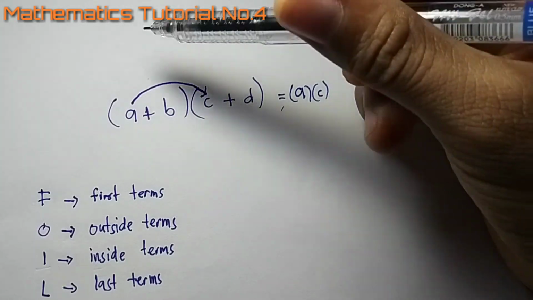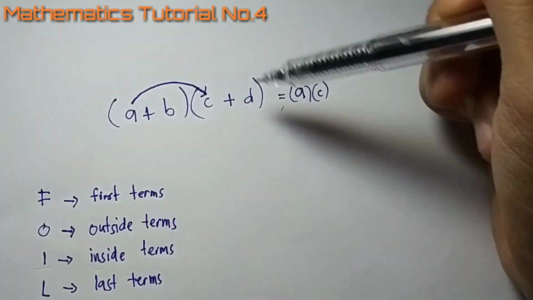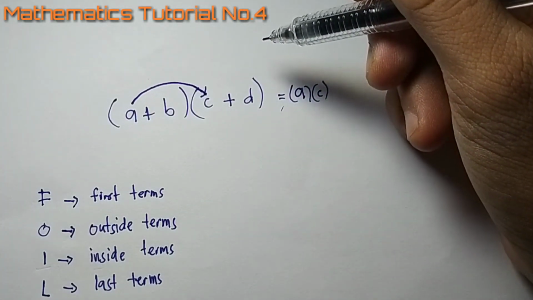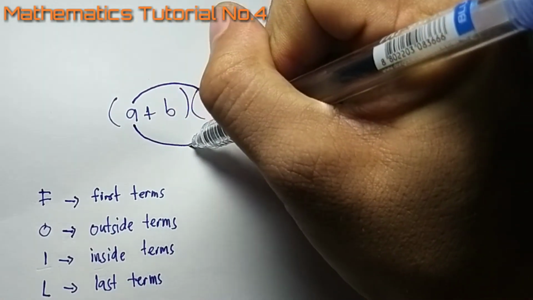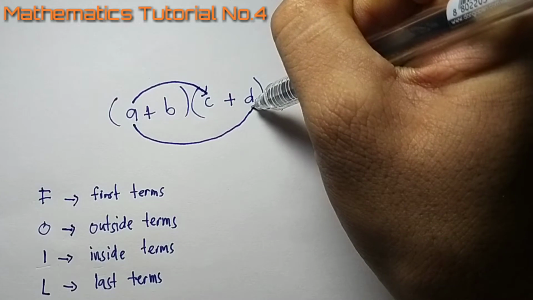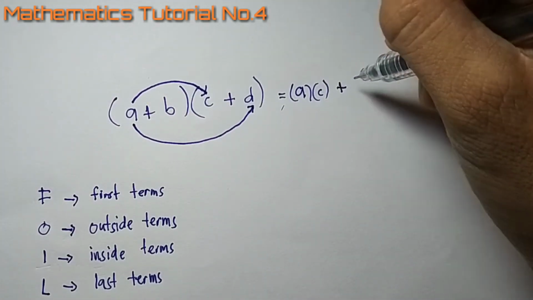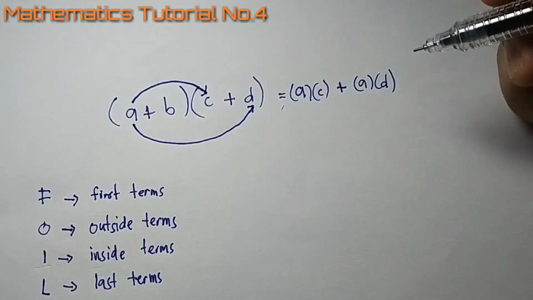Ang outside terms diri sa atong given kining mga naa sa mga kilid. So we have A and D. So mao na isunod nato og multiply. So we have A times D. Okay. So i-multiply nato ang A og D.